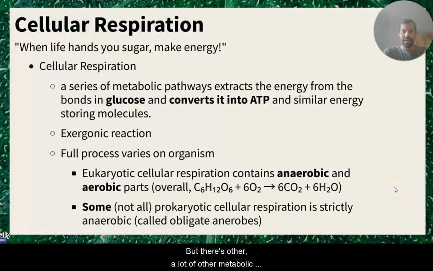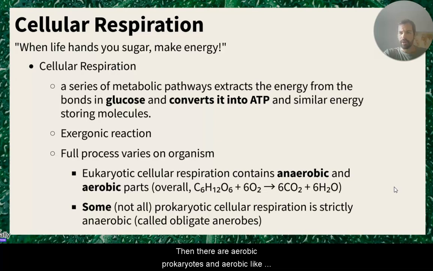But there are a lot of other metabolic pathways, some of which are more strictly anaerobic. So some prokaryotes have a strictly anaerobic metabolism. We call these obligate anaerobes. They can't do any form of aerobic respiration.